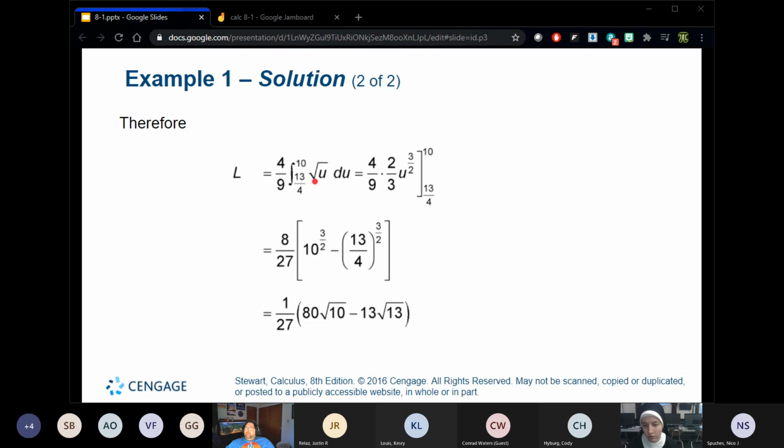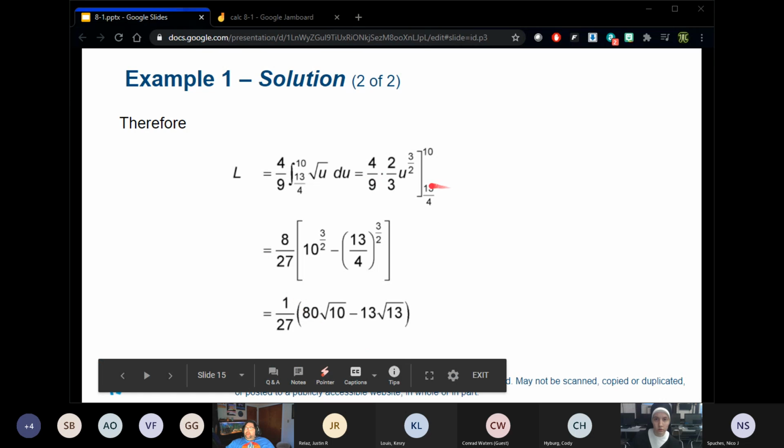So we do the integration of that. The integral of square root of u is 2/3 u to the 3/2. And multiply that by the 4/9 up front. So we can take out my constant, which is 8/27, and then we're plugging in 13/4 and 10. So 10 to the 3/2 is 10 square root of 10.